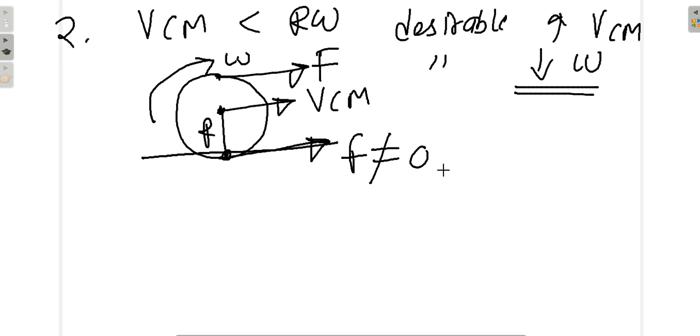So now we will consider some examples to illustrate the points. Let us take examples from H.C. Verma. It's a standard book on physics, rotational motion.